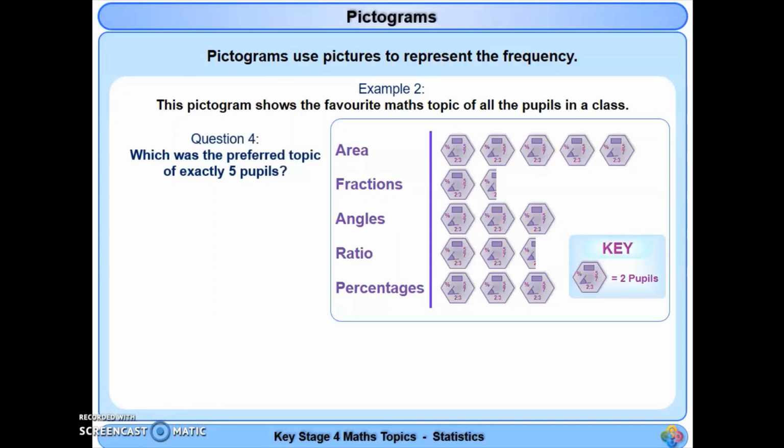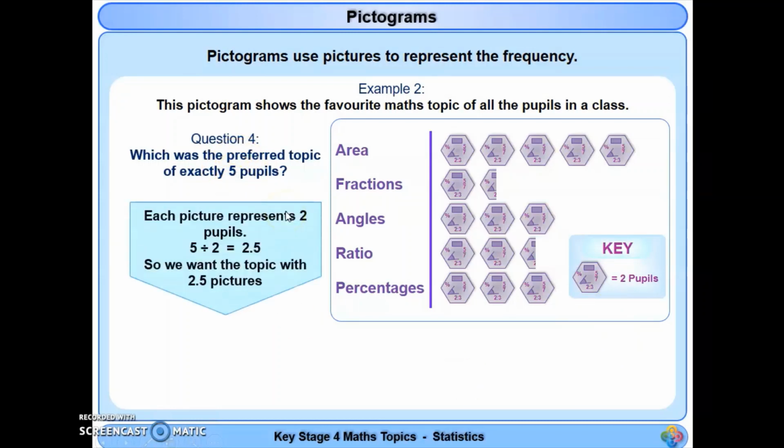Question 4. Which was the preferred topic of exactly 5 pupils? Okay, so this time we're trying to think of how 5 pupils would be represented. Well, if 2 pupils are represented by a full image, 2 images would represent 4, 2.5 images would represent 5 pupils.